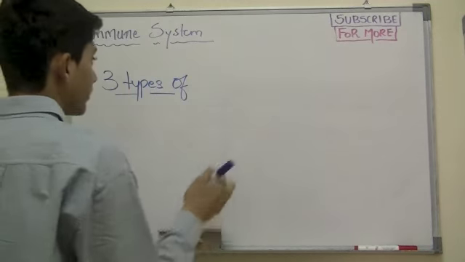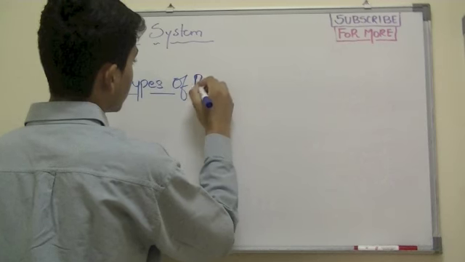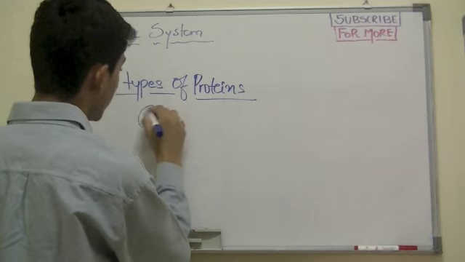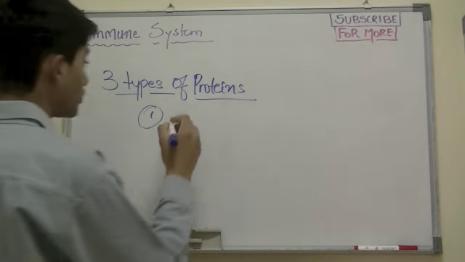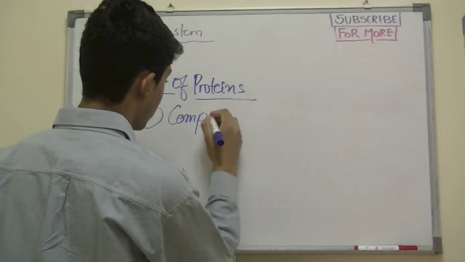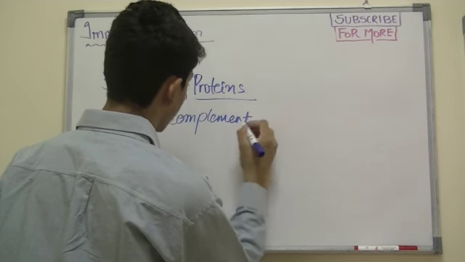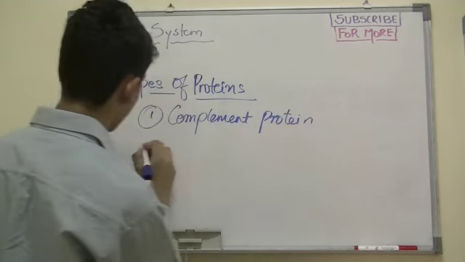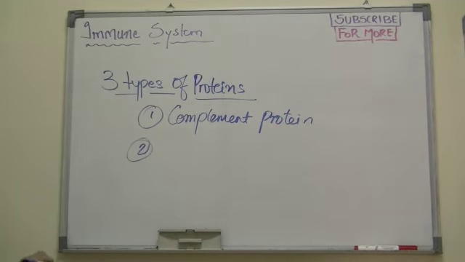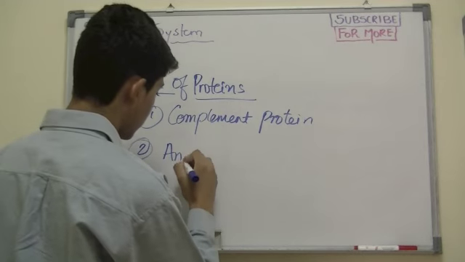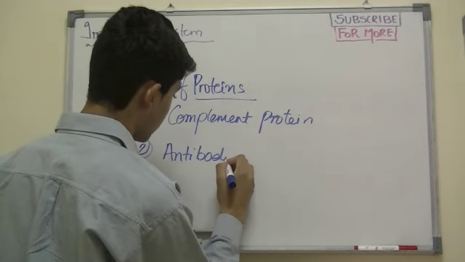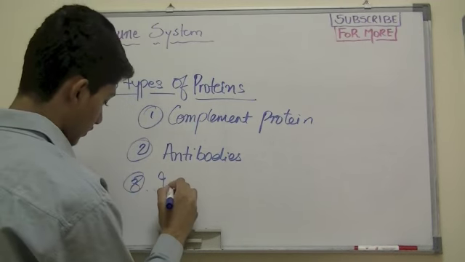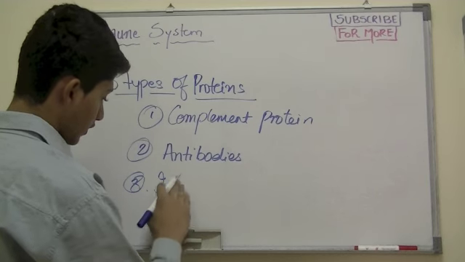The first one is complement protein. The second one is antibodies. The third is interferons.